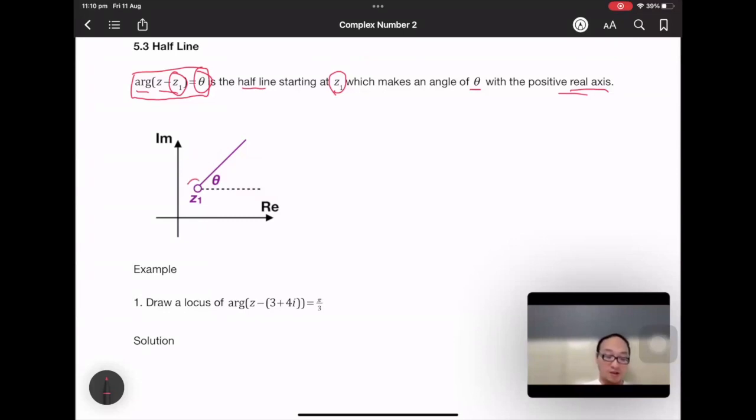Starting from this point, move away and make an angle of theta from the real axis. The direction of the line will follow theta. So if theta is negative, for example minus theta, you will move here.